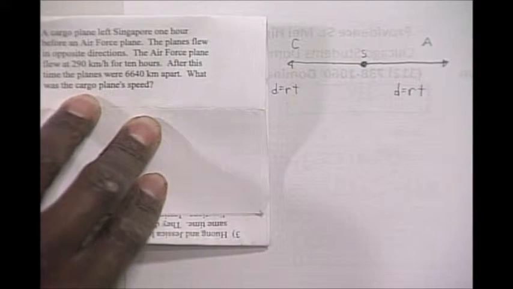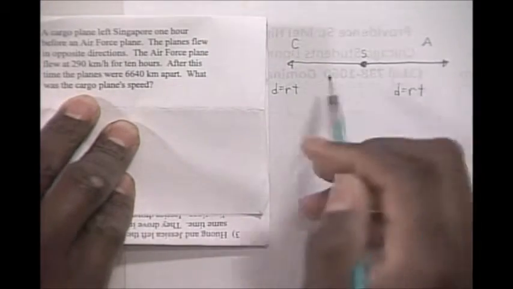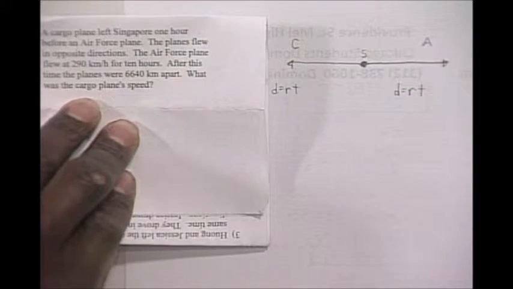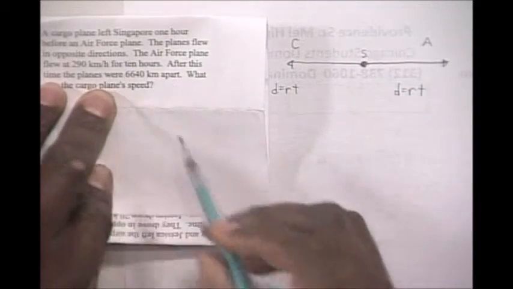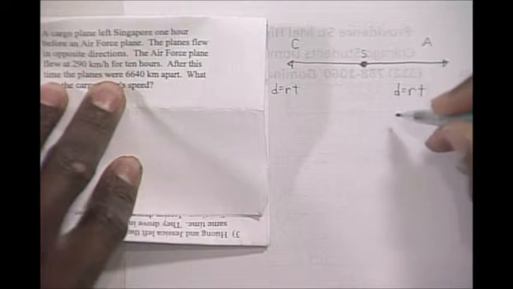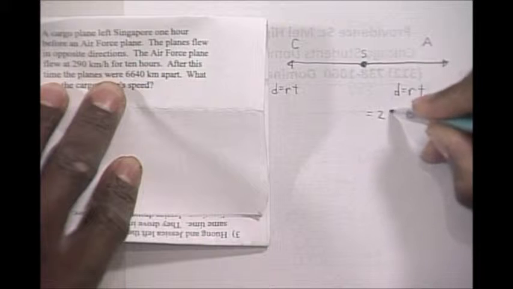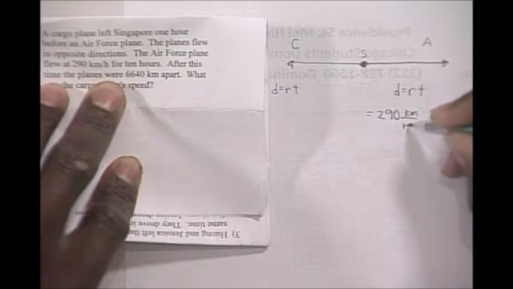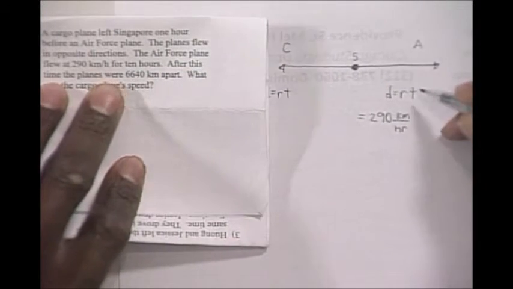The planes flew in opposite directions. We've acknowledged that sentence, we've got a good diagram. Everything I've asked you to do, we're doing. The Air Force plane flew at 290 kilometers per hour for 10 hours. All right, so let's substitute in there. We've got 290 kilometers per hour for 10 hours.